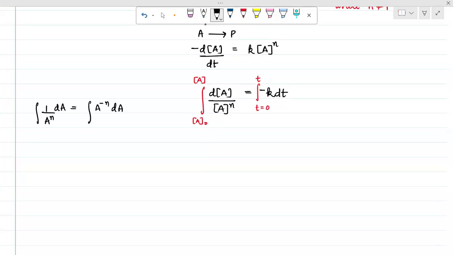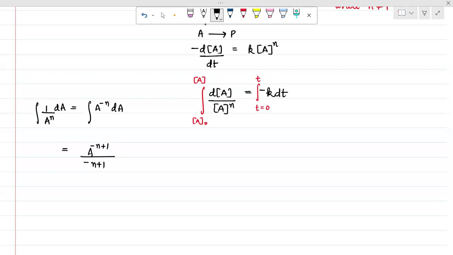Those who are confident with integration can do it on your own. What is the formula of integration? It is A to the power minus n plus 1 divided by minus n plus 1 that we are going to get. Now this is in the numerator.